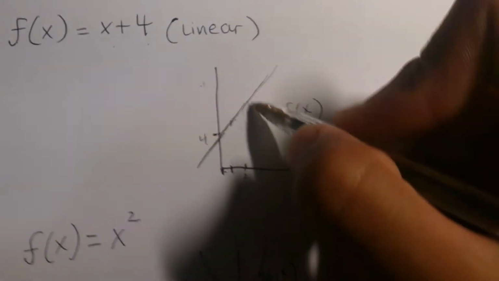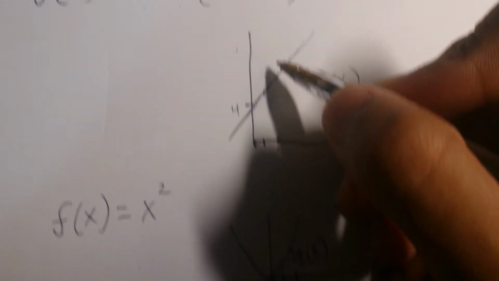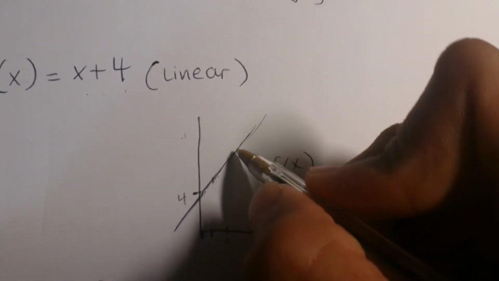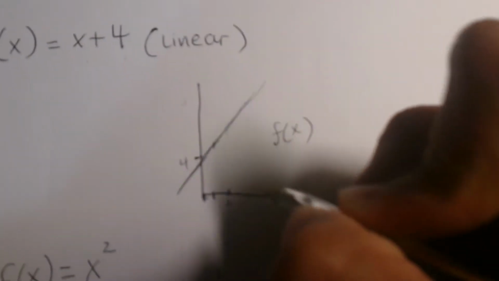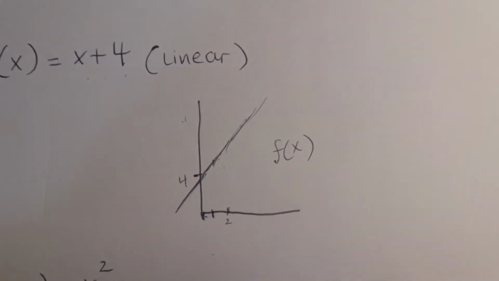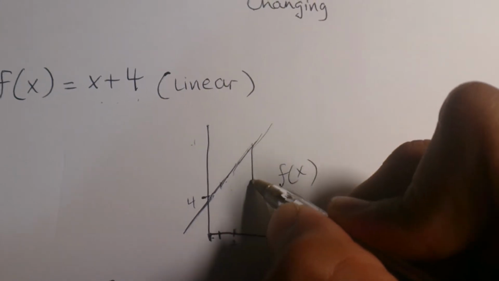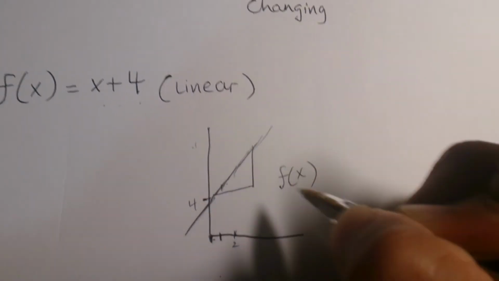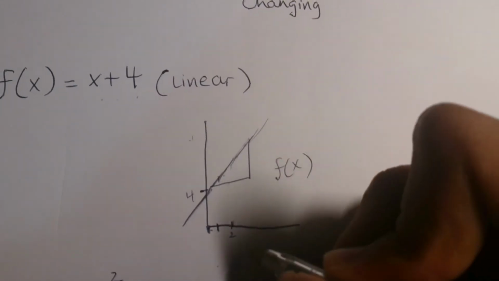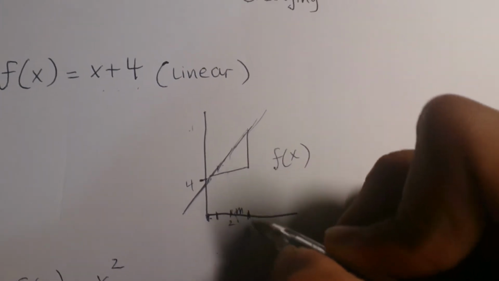Now, if we wanted to find the rate of change of y with respect to x with this function, you may have learned in class that we can use something called the gradient, or rise over run, at any given point. So let's say this is 3.